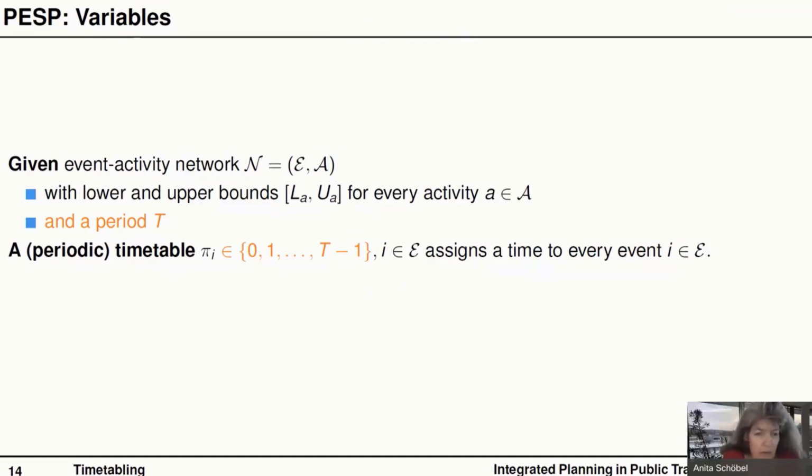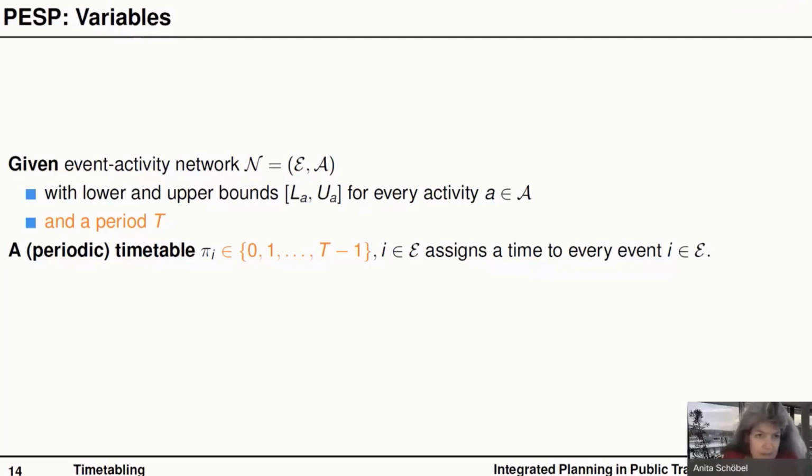So we summarize all the arrivals of a line at a station at the same node, because we want a regular schedule. These arrivals should take place every 60 minutes, so we need only one node that represents all of them. Everything else is exactly the same. We still have lower and upper bounds, and we have this period. The event activity network also looks exactly the same as before. It's just a slightly different interpretation.